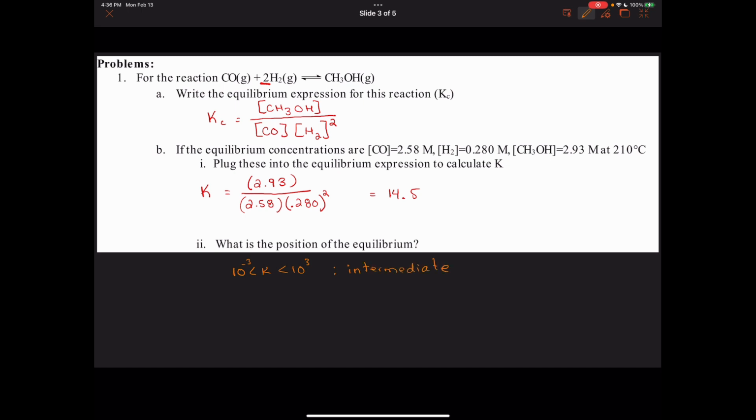Now we said that intermediate K was going to mean that I have comparable, significant, measurable amounts of both reactants and products present at equilibrium. So my reactants and products are present in significant amounts.